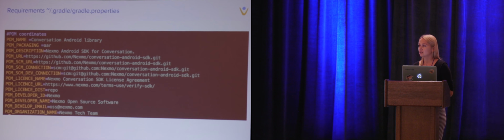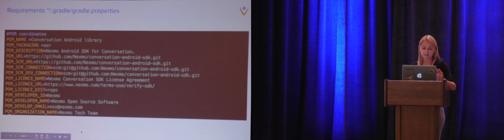So this is how a Gradle properties file will look. You will specify the name, and then some descriptions, and as I said, the source control information, some links to your repository, and then some licensing information, some links to your license documents, and then just developer details.